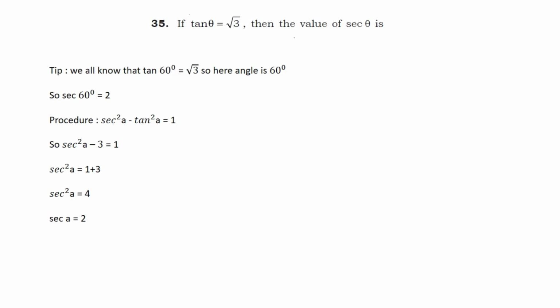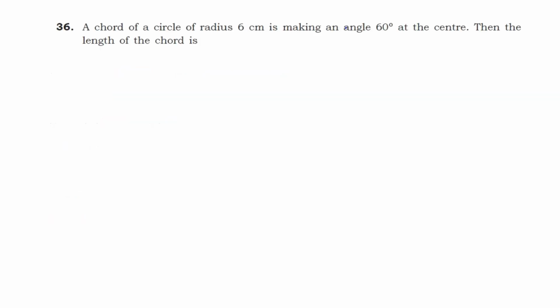So secant of theta means secant 60 degrees equals 2. Or otherwise the procedure is, the formula for secant and tan is secant square a minus tan square a equals 1. Here tan theta equals root 3, means tan square a is 3. Secant square a minus 3 equals 1. So by solving that equation, we get secant a equals 2, right?